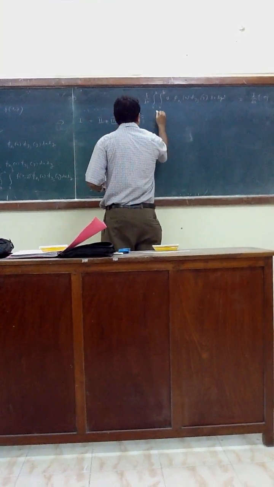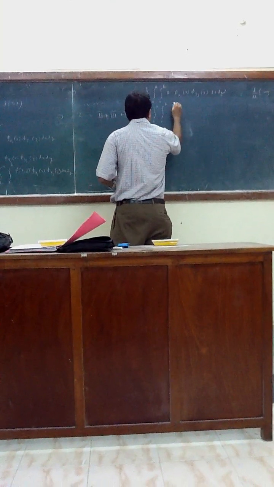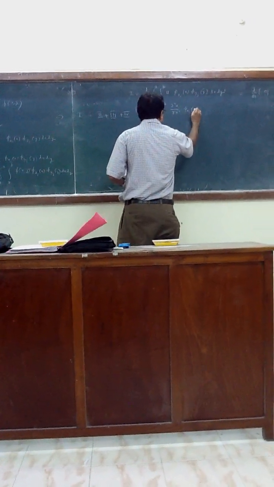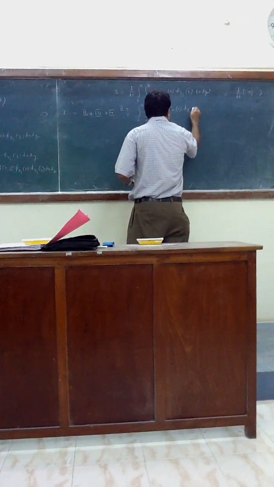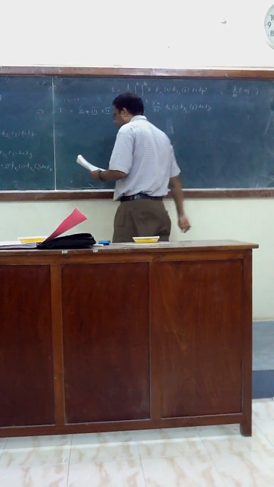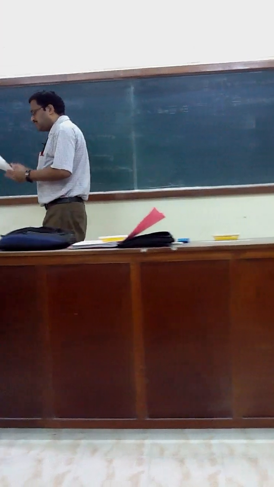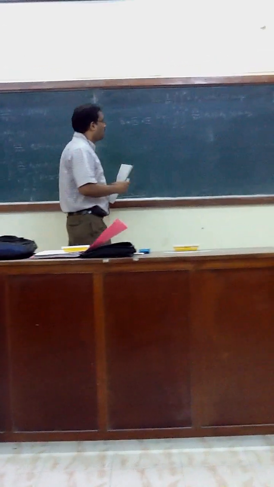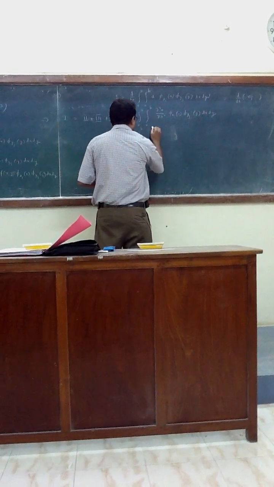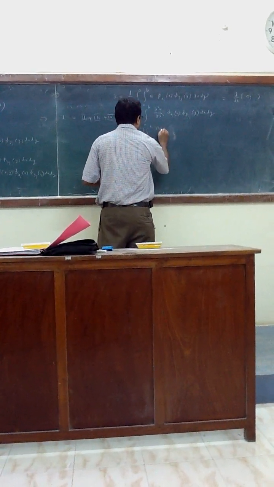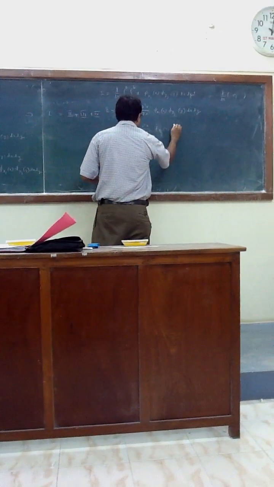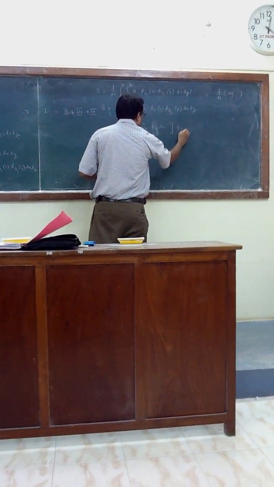Second integral, which is 0 to a, 0 to b, dou square u by dou x square, phi xi of x, phi yj of y, dx dy. What can we write? This step, 0 to b, 0 to a, dou square u by dou x square, phi xi x, phi yj y.